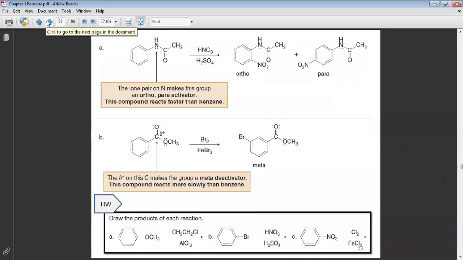Look here. It will be ortho and para. In your opinion, which one is more than the other, the para or the ortho? Just look at the structure. In the ortho we have crowding, and here in the para there is free space.